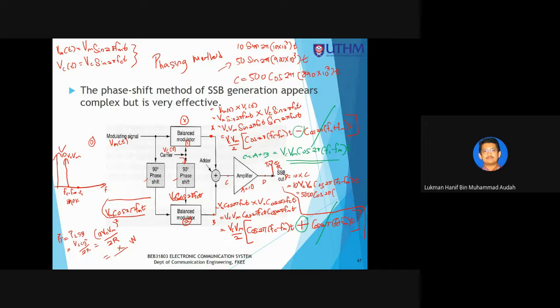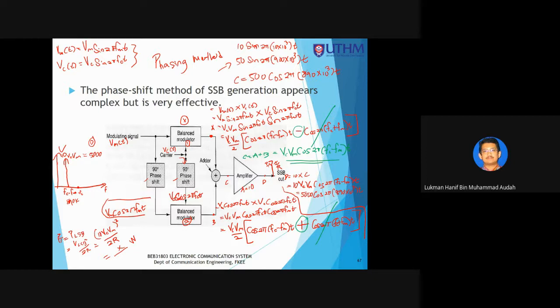So 900 tolak 10K, so dia jadi 890 kali 10 kuasa 3 T. Nampak. So ini pada point D. Dan kalau you buat di sini adalah 10 kali VCVM, bermakna di sini adalah bersamaan dengan 5000 volt.